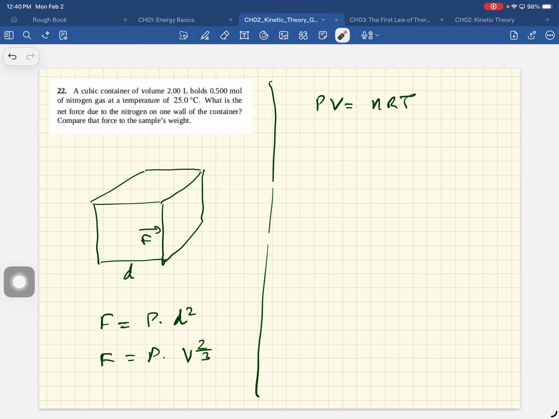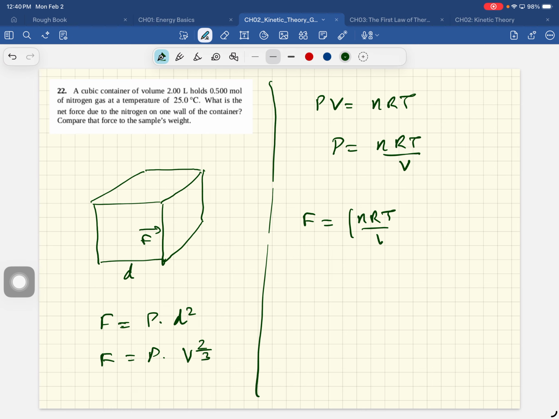So the pressure is nRT over V, and the force is nRT over V, which is the pressure, times the volume to the power 2/3. So it's nRT over the volume to the power 1/3. And now we can put in the quantities.